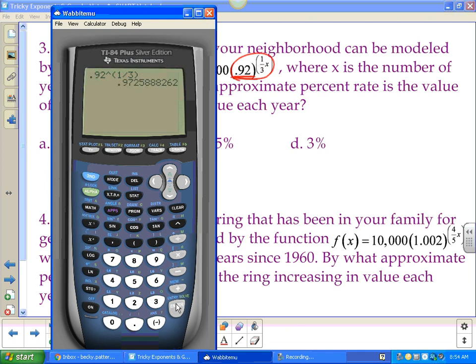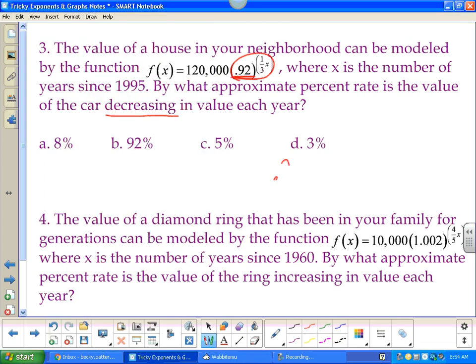Hit enter. I have 0.9726 if we round. So what I need to do is figure out how much below 100% that is. Well, 0.97 is about 97%. That is 3% below 100%.